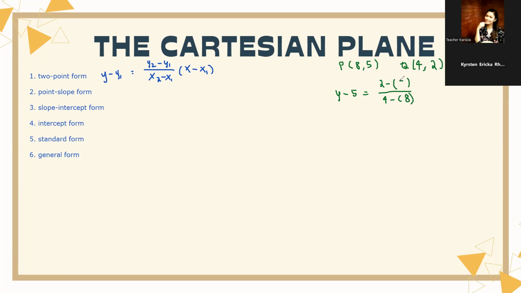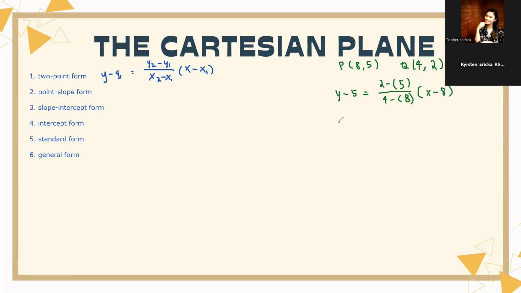2 minus 5 and then 4 minus 8 times x minus x1. Okay? So we are looking for the equation of the line, provided the two coordinate points. So we just solve for this one.